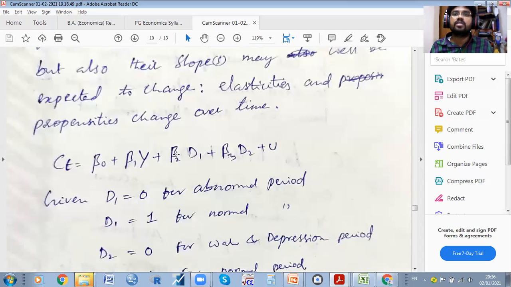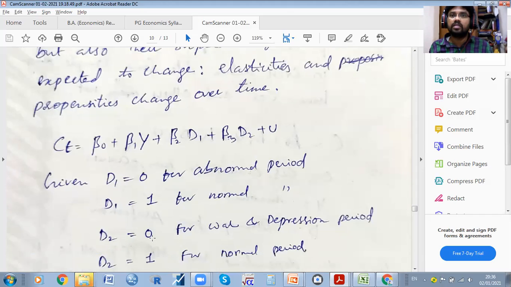For example, if you take this period, consumption is nothing but beta 0 plus beta 1 y plus beta 2 d1 plus beta 3 d2, dummy variable 1 and dummy variable 2 in the multiple regression. See, for the normal period and abnormal period. For example, if you take 0 for the abnormal period, during the war season, and 1 for the normal period. For war and depression period, and normal period.